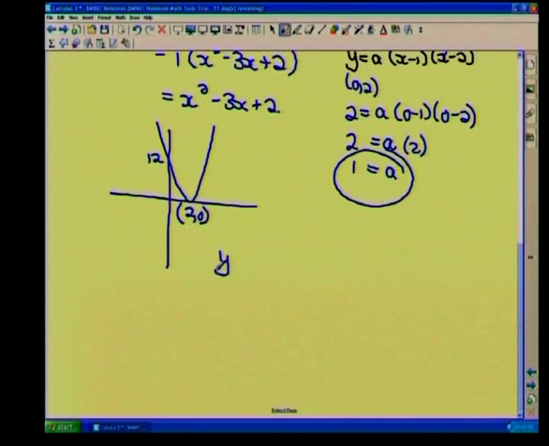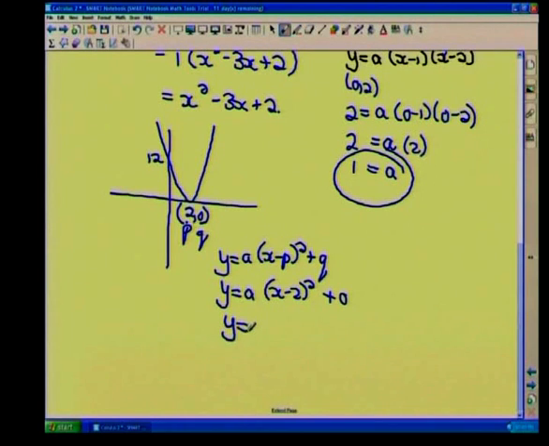And the turning point is y equals a, x minus p all squared plus q. We would have then gone over here and said, this is your p and this is your q. So you would have got y equals a, x minus 2 all squared plus 0. In other words, y is equal to a, x minus 2 squared.